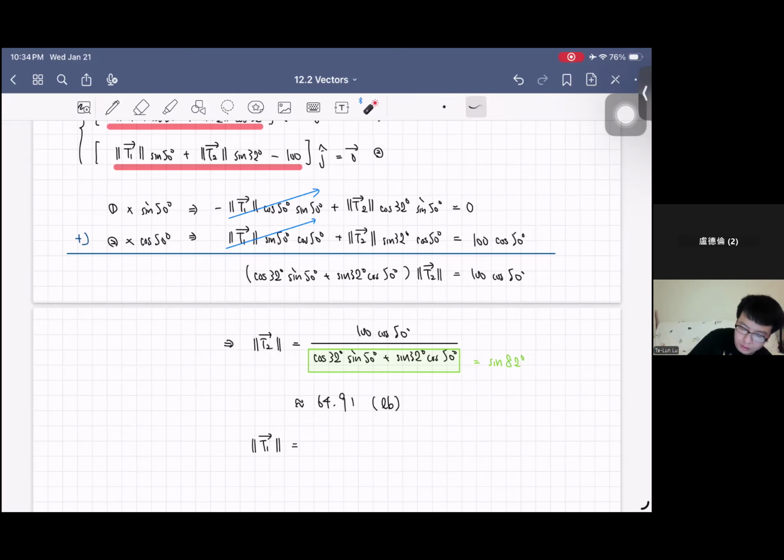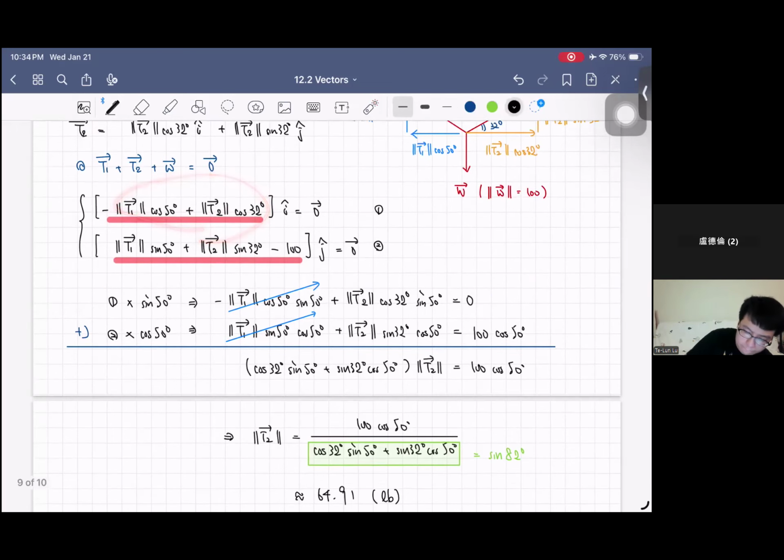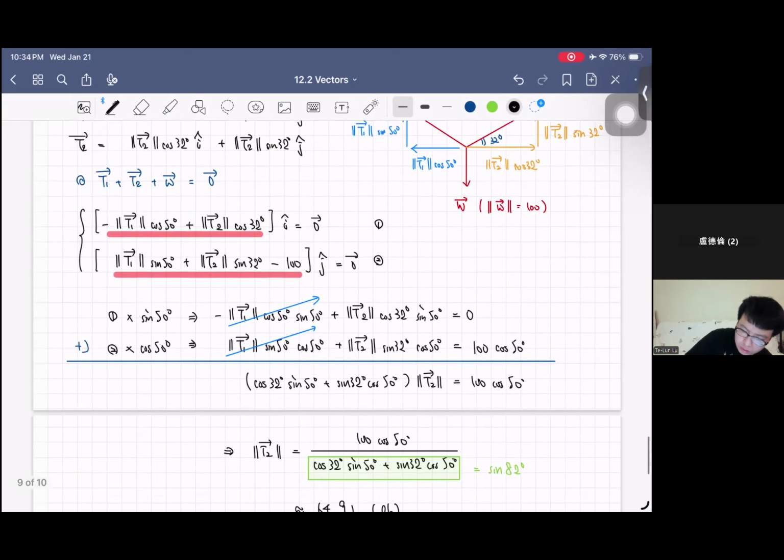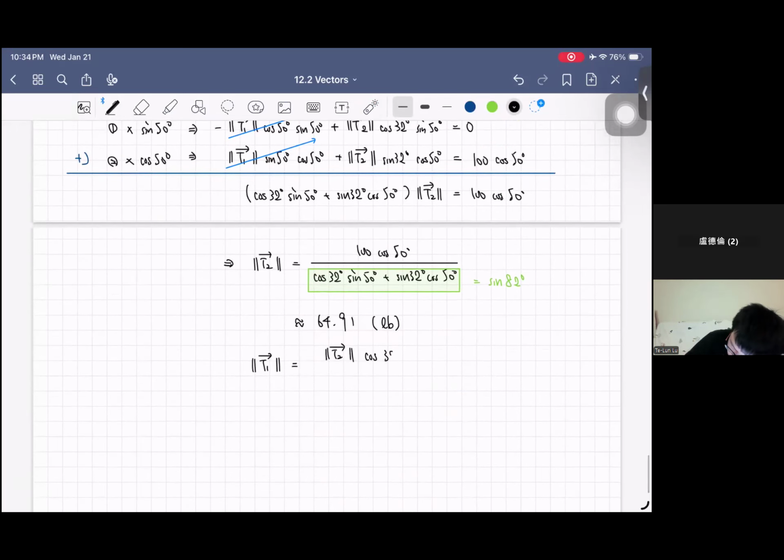So perhaps we substitute in this thing here. Then you should get T1 will be, let me write notation, T2 multiply here cosine 32 divided by this guy, divided by cosine 15. Okay.